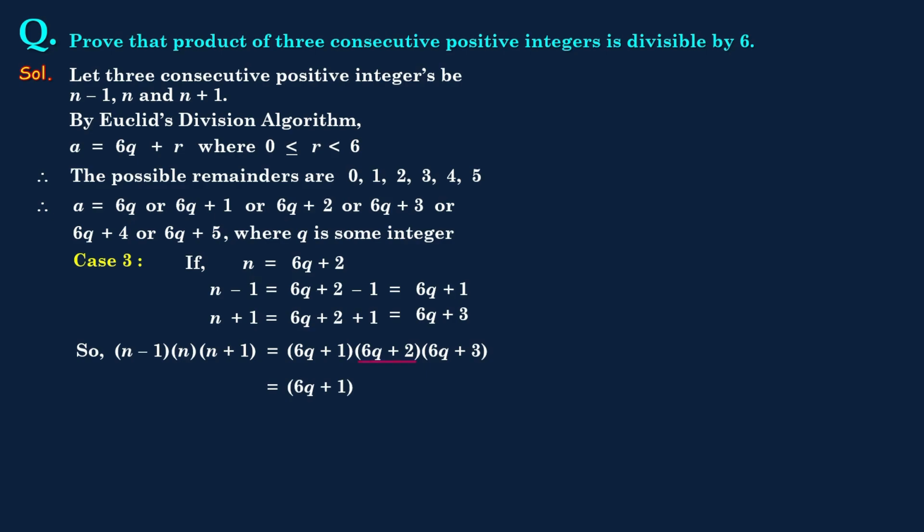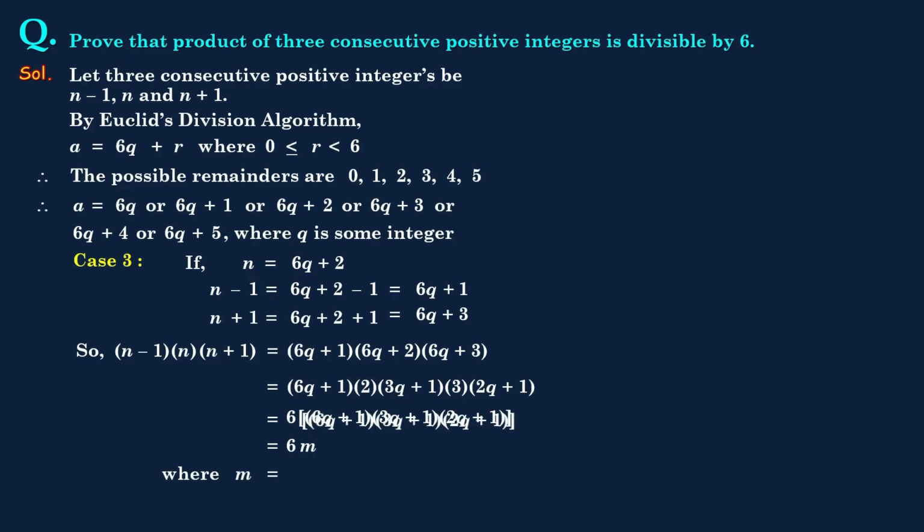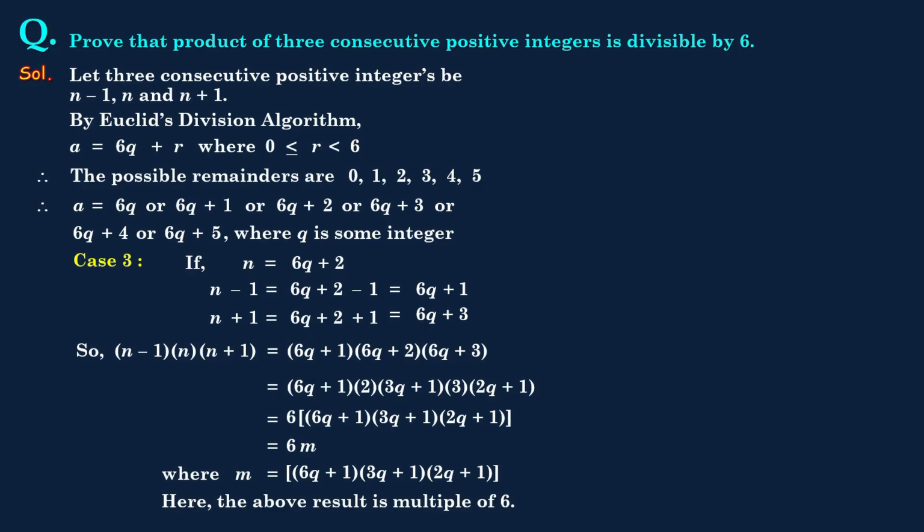From the second one, if we take 2 as common, it is going to be 3q plus 1, and from the third part we take 3 as common, then it is going to be 2q plus 1. Now if we combine 2 and 3, we get 6, and we keep everything else inside another bracket. We represent this as m, where m is the entire thing. So we can clearly see that it is also a multiple of 6. That means it is divisible by 6 as well.